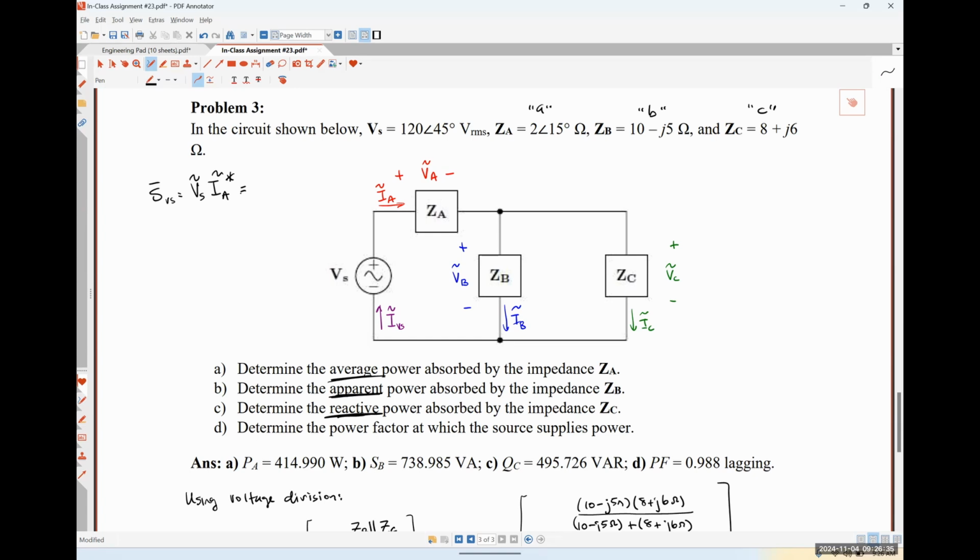So 120 angle 45 times the conjugate of what I have stored in my calculator as Y. And I get 1758.787 with an angle of 9.043.